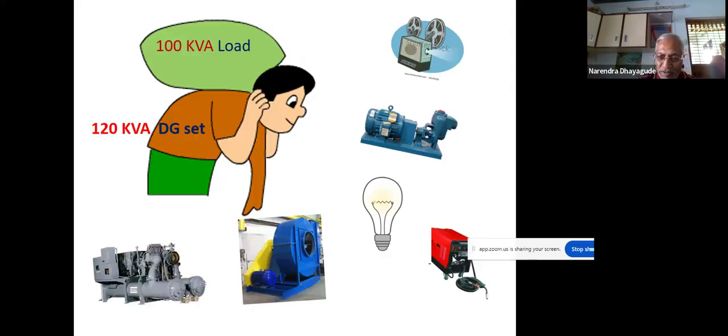This welding generator, lighting is there, pumps are there, some camera, etc. But everywhere there is either a heating load or motor loads, that is maybe inductive, maybe resistive loads. So whatever is the electrical load, ultimately it is converted in kVA. Electrical load is converted in kVA, that is the base.